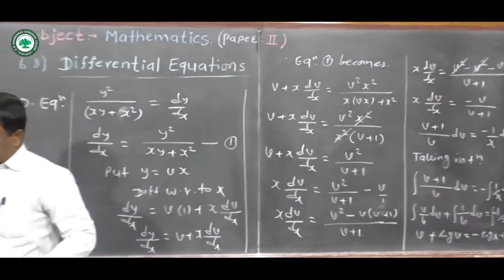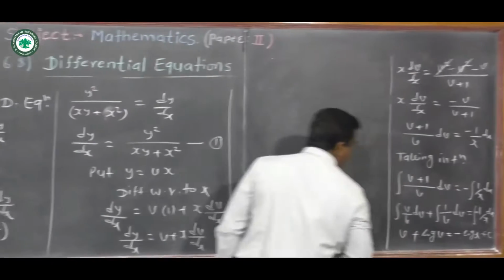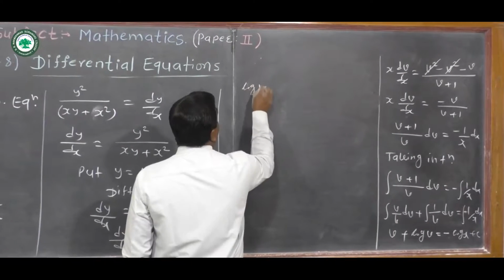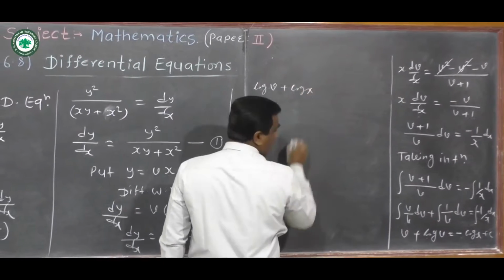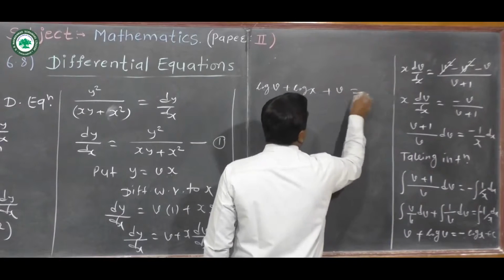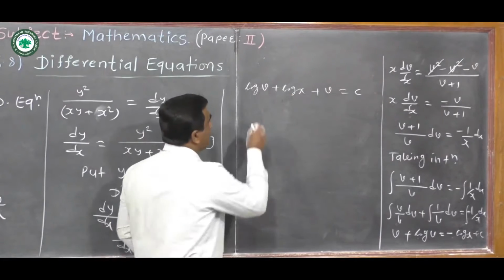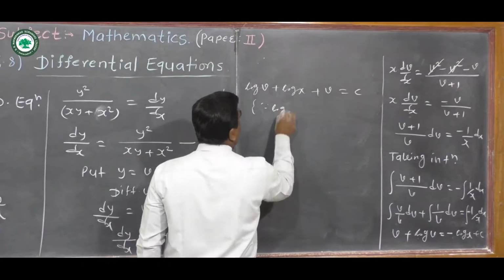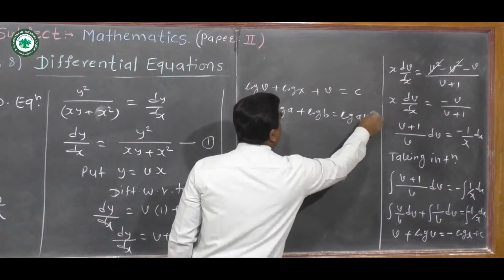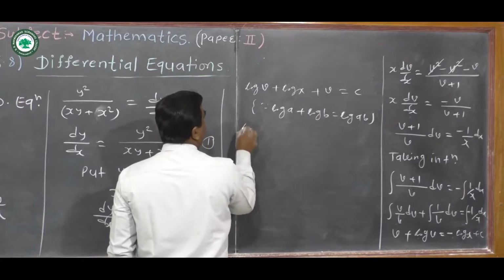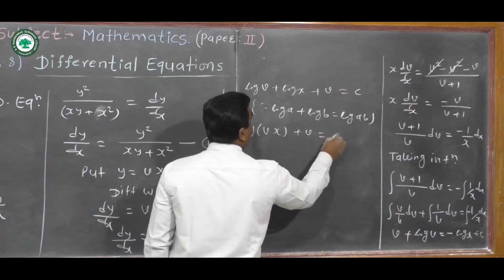Okay, now further we can write here, take this minus term to the LHS: log v as it is plus log x plus v equal to c. Now we can use here the formula log a plus log b is equal to log of a into b, that is, here we can write log of vx plus v equal to c.